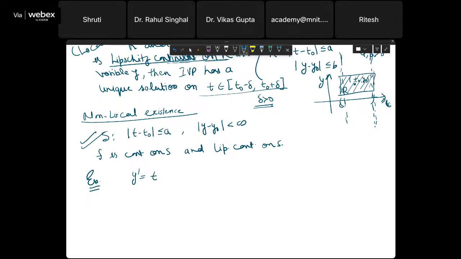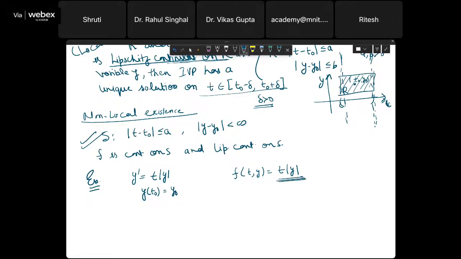Let me take y dash equals |y|, with some initial condition. Here, what is your function? This is f(t,y), which is |y|.